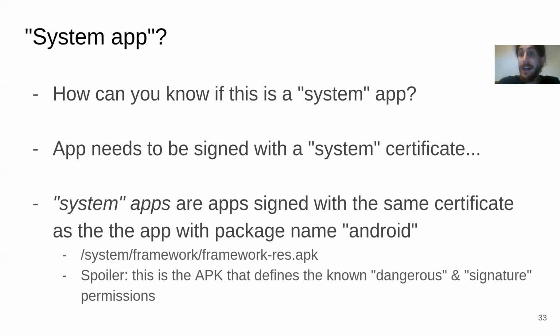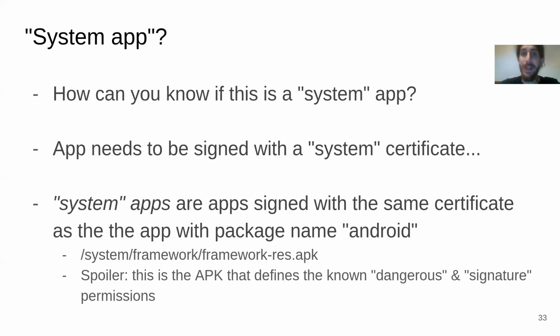And this app, like every other app, has a signature and is signed by a private key. The private key you don't have, but you have the public key. So in the APK, it is written, hey, this app is signed by the private key associated with this public key. And the idea is that if your app is actually signed with the same private key associated to the public key that signs this android app, then you're a system app.